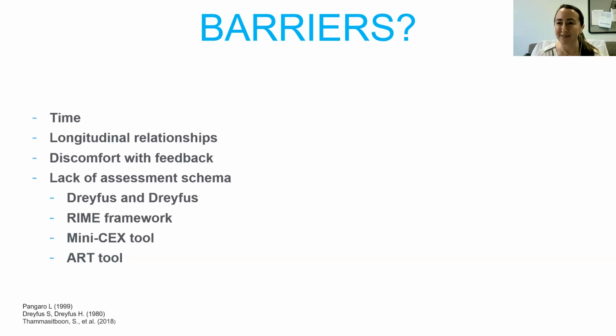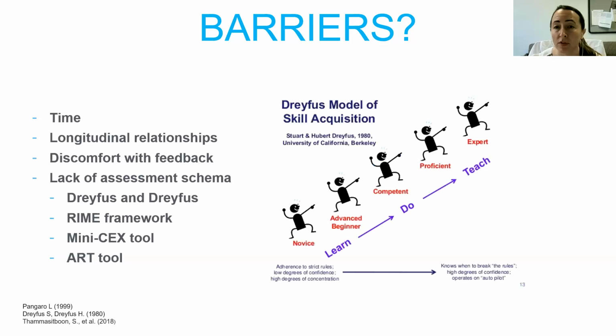I'm sure there are other barriers, and in the small groups we'll hear what some of your barriers are to giving more formative feedback, or to your ability to assess clinical reasoning. But for me, I also lacked a schema. I didn't know there was one, to be honest. And so I went through some time developing, okay, what should I be looking for?